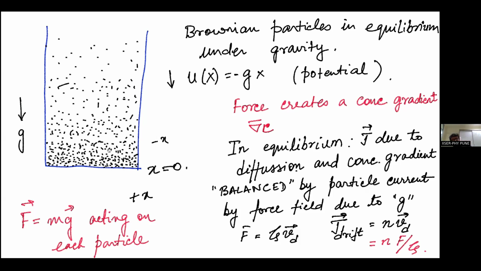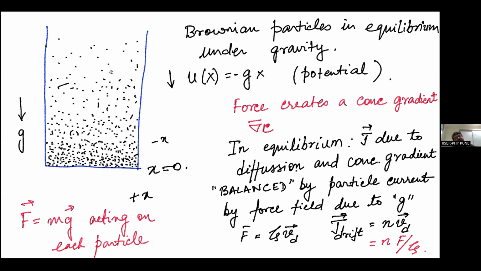In fact, Perrin also used this, if I remember correctly. So gravity creates a concentration gradient, right? Because of Boltzmann statistics. On the other hand, because of the concentration gradient, there should be a drift of particles due to Brownian motion from a region of high concentration to low concentration.